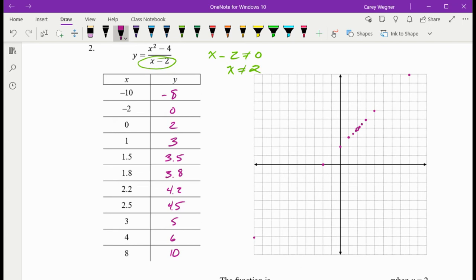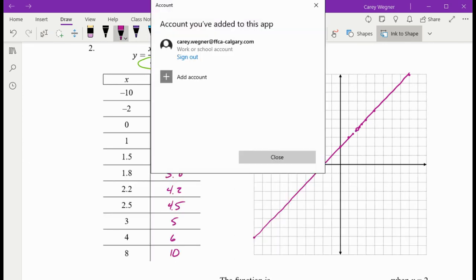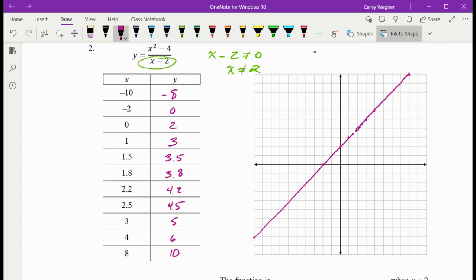So again, I'll see what I can do with my ruler on the screen here to draw the line. Oh, the ruler's not spectacular, but connecting those points. And we want to make sure we get all those points connected, but we do have that little open circle at that ordered pair, which is 2 comma 4.